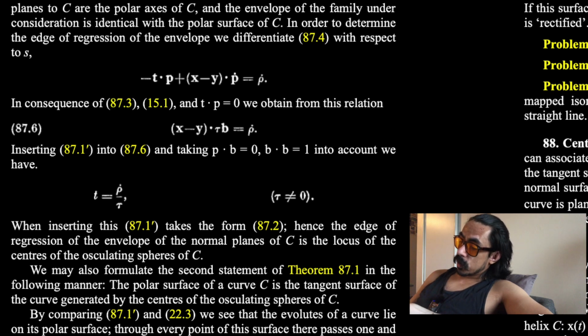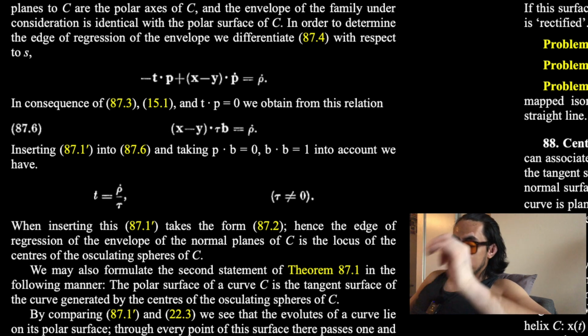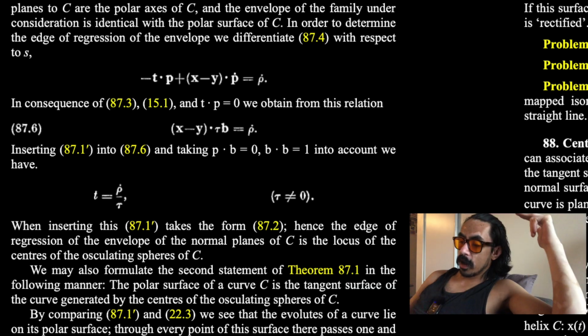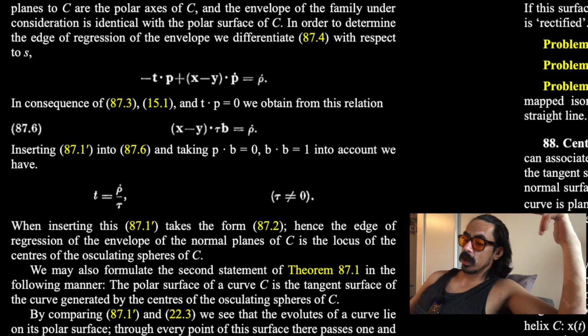take the difference, vector x minus vector y, and then scalar product that with tau times vector b. That equals rho dot. And if we insert the representation of a polar surface from expression 87.1 prime towards the beginning of the section, taking into account that the scalar product of vector p with vector b equals 0 and the scalar product of vector b with itself is 1, we have that t equals rho dot over tau, where tau is non-zero.